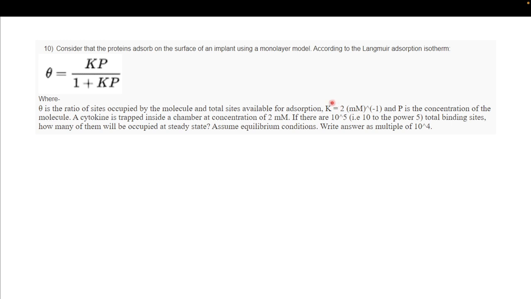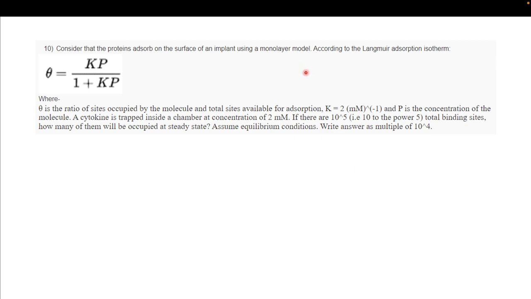Then we have been given the value of K and P, which is the concentration of the molecule. We have been told a cytokine is trapped inside a chamber at a concentration of 2 millimolar. If there are 10^5 total binding sites, how many of them will be occupied at steady state? We have to assume equilibrium conditions and write the answer as a multiple of 10^4. Is the question clear?